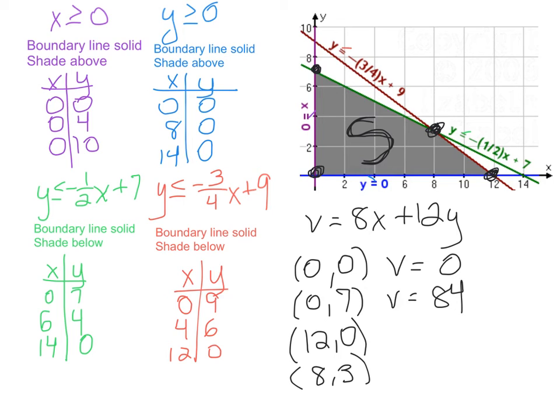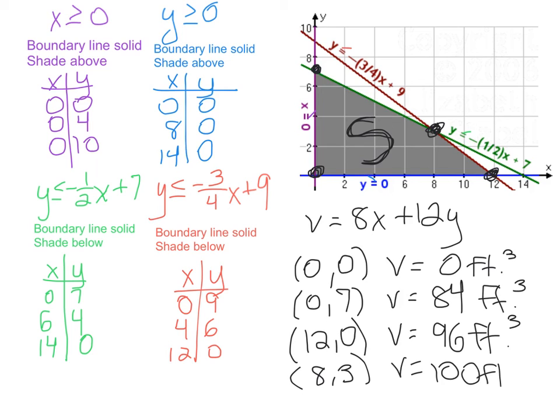And we're talking here in cubic feet. 12, 0 is going to be 8 times 12 plus 12 times 0, which is going to give me 96 cubic feet. And then our final point, 8 times 8, which is 64, plus 12 times 3, which is 36, is going to give us a total of 100 cubic feet.